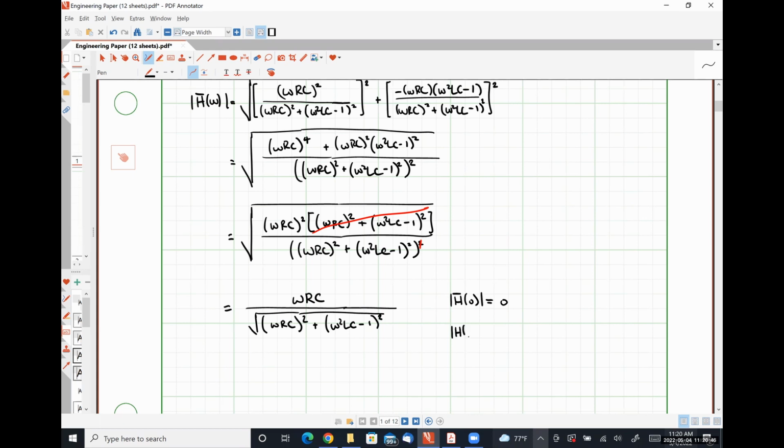If we were to evaluate this at infinity, we would have infinity over, so let's see.